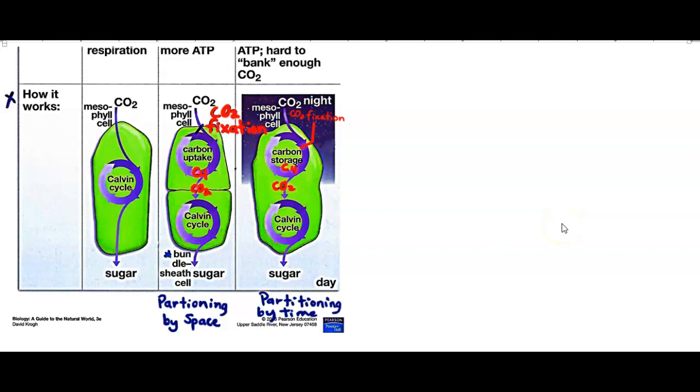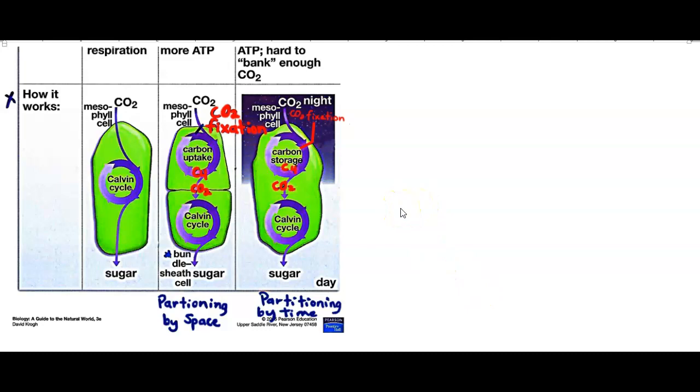Partitioning by space: carbon dioxide fixation takes place in the mesophyll, and then that C4 molecule will go into the bundle sheath, and the Calvin cycle takes place in the bundle sheath. That is called partitioning by space.